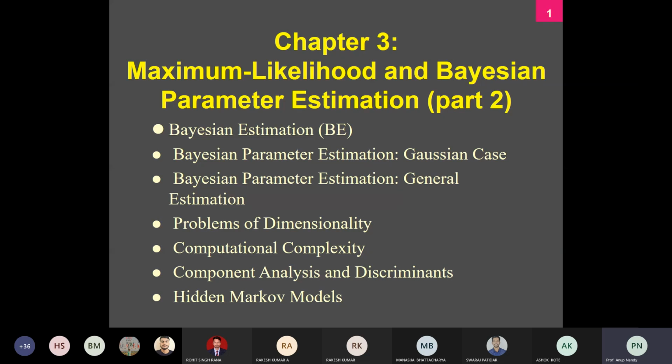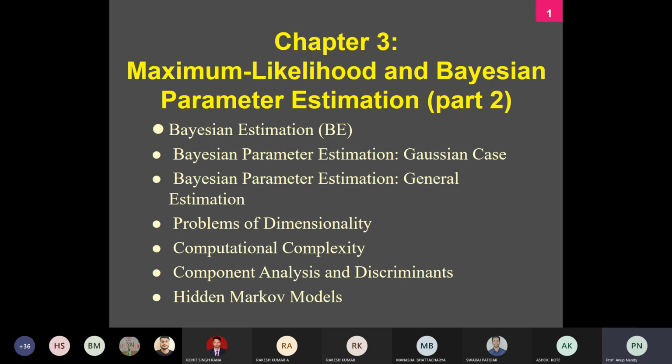If you simply plug in the formula of the prior probability and the class conditional density, you can easily estimate the posterior probability. But that is provided that these two things are known to you. If this knowledge is unknown, if the two quantities, the prior probability and the class conditional density, are unknown, then how are you going to estimate the posterior probability density? That is the main thing that we are going to do.